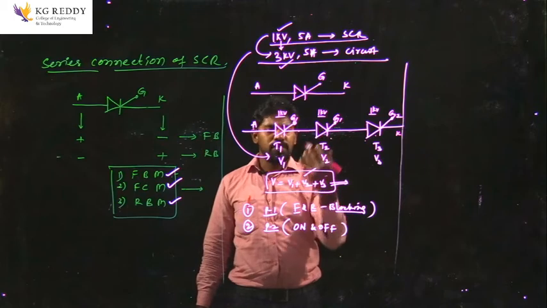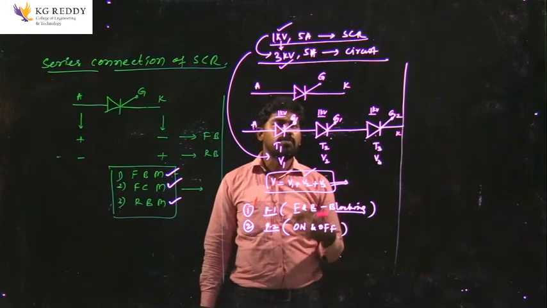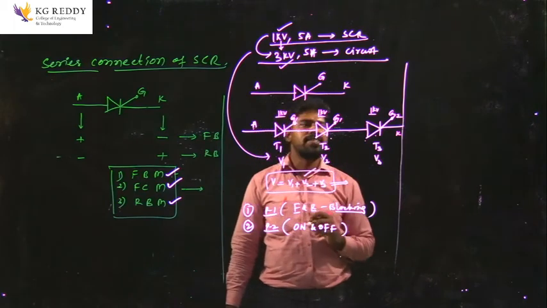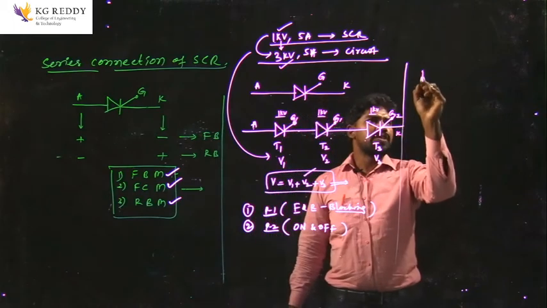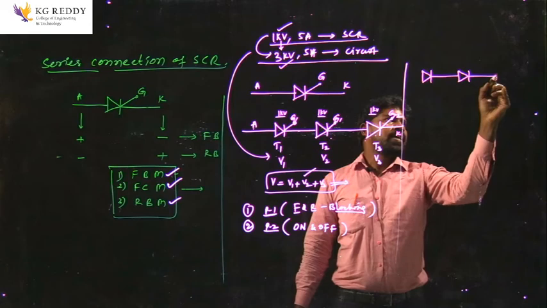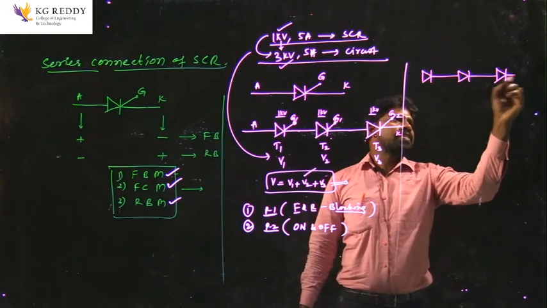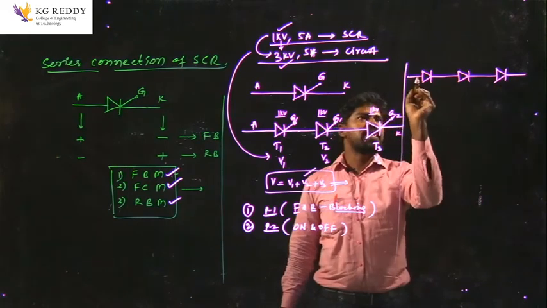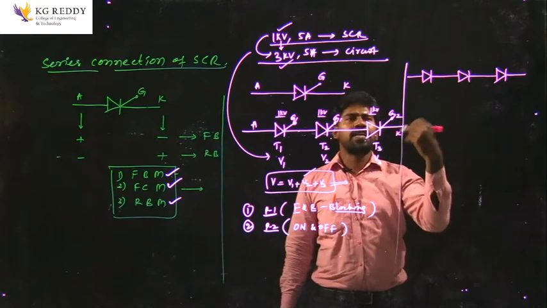How can we overcome this forward and reverse blocking problem while connecting SCRs in series? To overcome it, we connect an equalizing resistor.